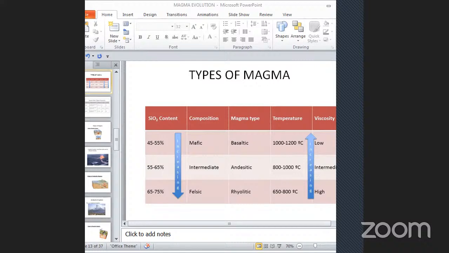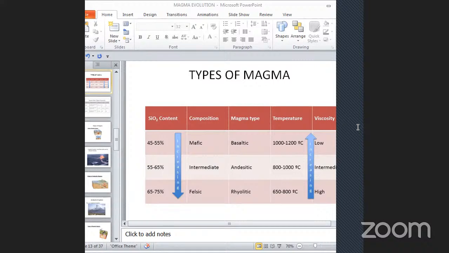So if rhyolite magma is gas rich, it can erupt explosively, forming a frothy solidified magma. So that is called pumice stone, right? So all of you know about pumice stone. In our bathrooms, we use it to remove the dirty skin.